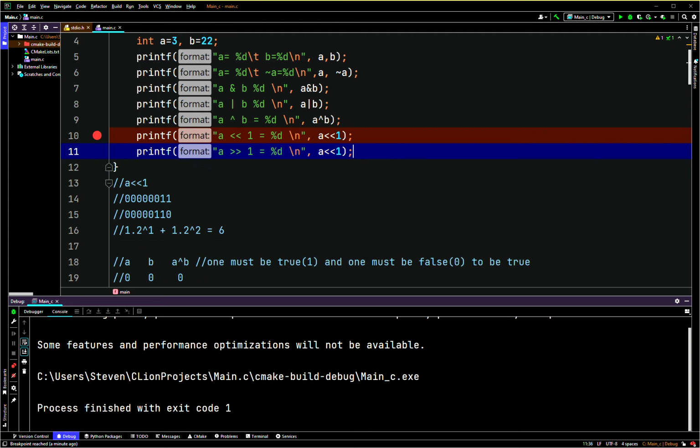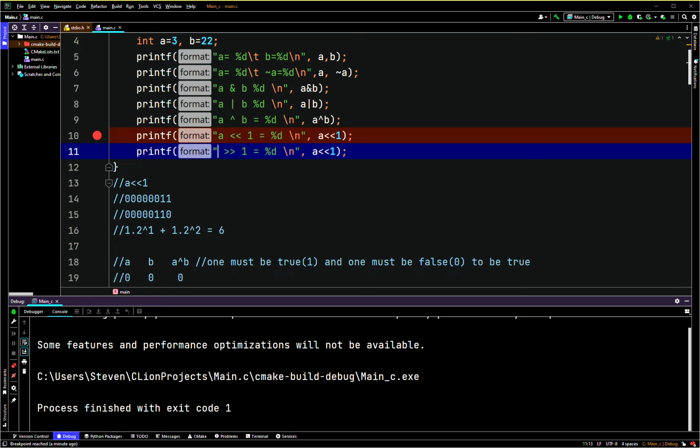So anyways, we have a right shift 1. That's what we want here. Instead of a left shift, we want a right shift. We had a left shift up here. This time we actually want B right shift 1, so we're going to take B here.